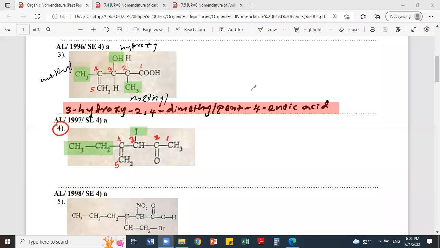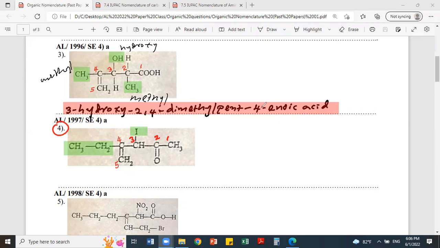It should be pent, no? Pent 2 yn 4. Very good. Pent 2 yn. Pent. Not 2 yn. It's 4 yn, no? Pent 4 yn. You have to interchange that.